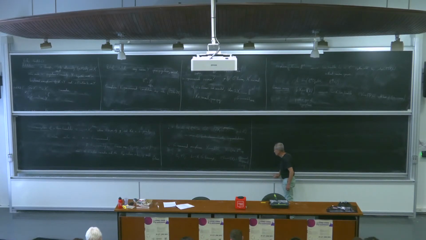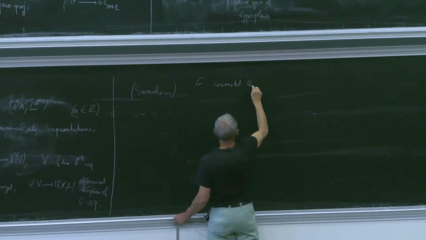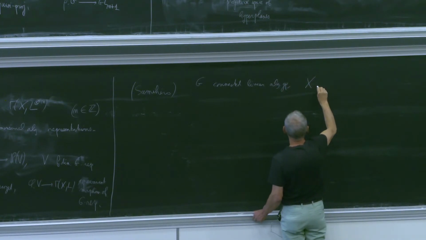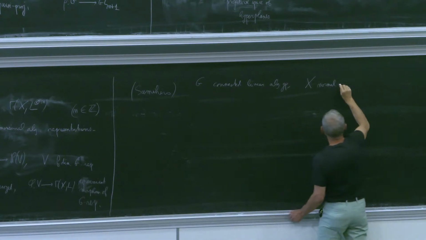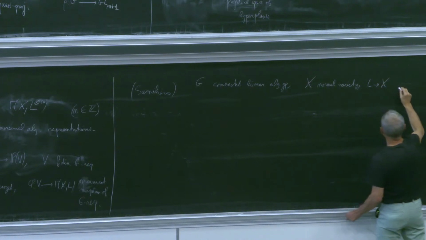And now comes a result of Sumihiro, which says that most line bundles have some G-linearization, in loose words. So the precise statement is as follows. G is a connected linear algebraic group, X is a normal variety, and L over X is a line bundle.